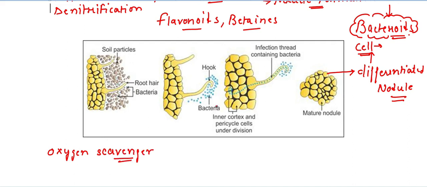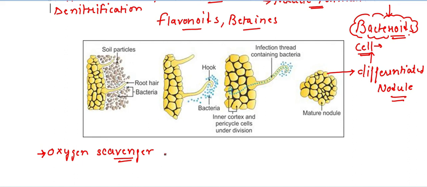In the infected cells, the bacteroids are nothing but the bacteria. The infected cell enlarges, the bacteria stop dividing and form irregular polyhedral structures called bacteroids, and they release the pigment called leghemoglobin, which is the oxygen scavenger.